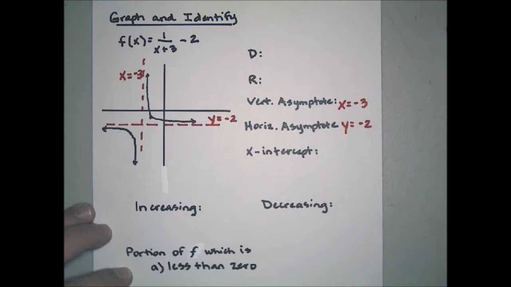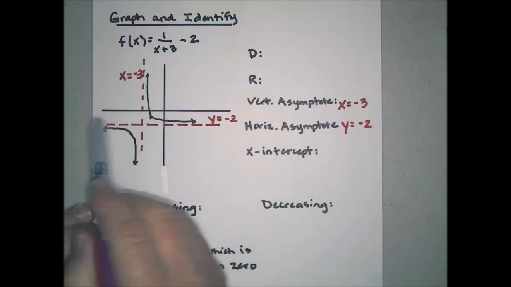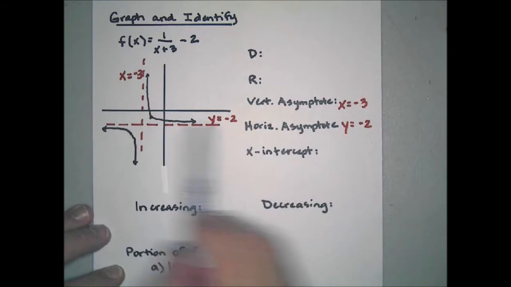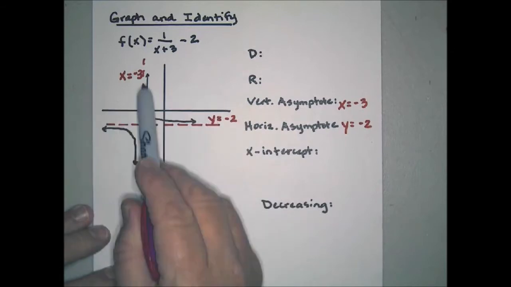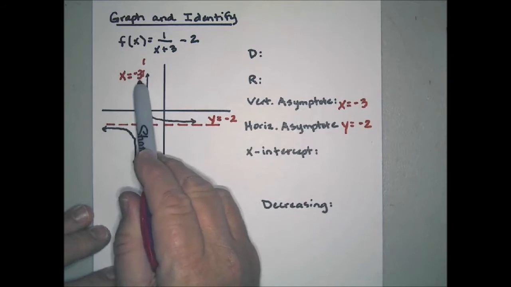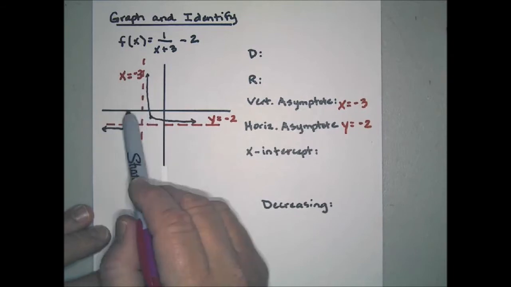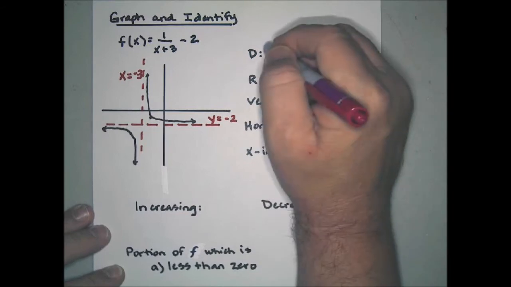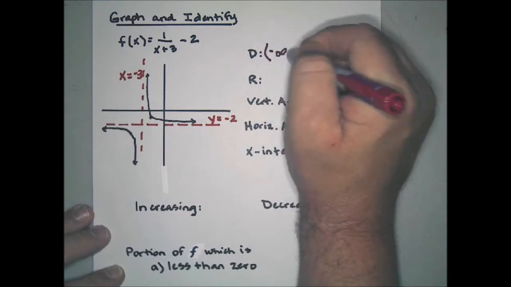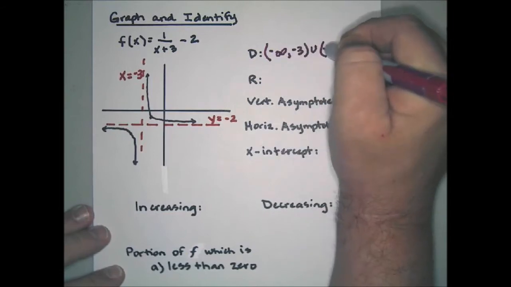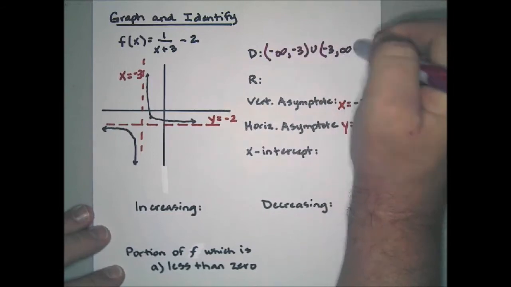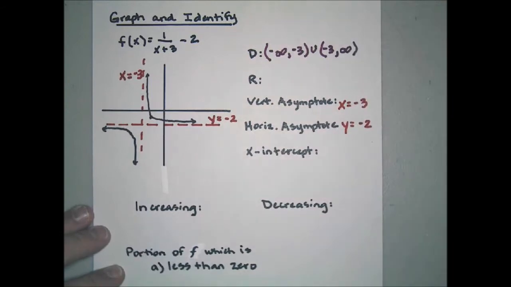Now the domain. The domain of the function is how the graph behaves from left to right, the x's. Now, it uses up all the x's, except it can't touch x equals -3. So we have to write the domain in 2 pieces. -infinity to -3, and then on the other side of -3, we go to positive infinity.